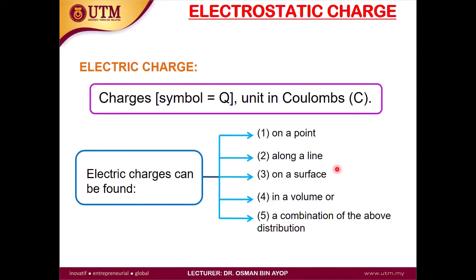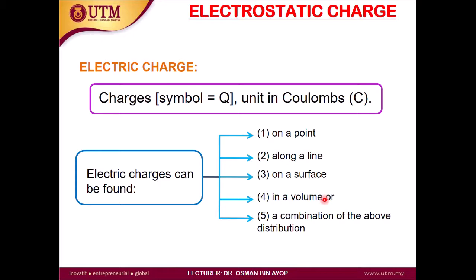Let's say we have a conductor with a negligible radius, and the line consists of a charge, so we call it a line charge. And then we have a surface. A surface means that it is very thin and the charge is distributed only on the surface of the object.